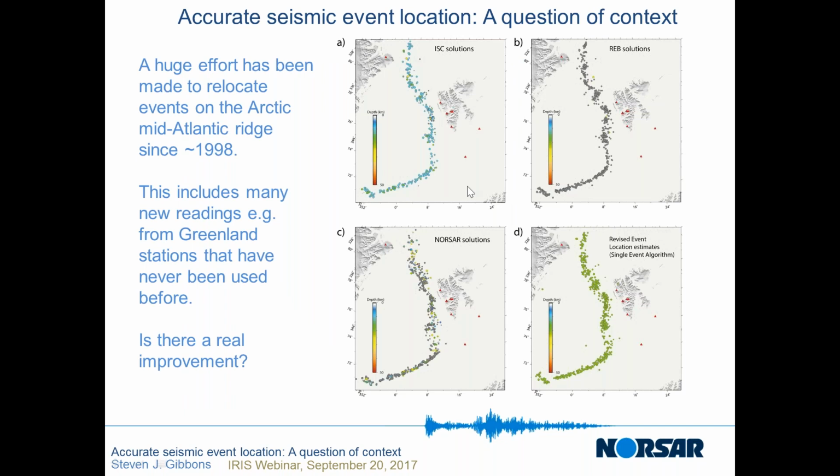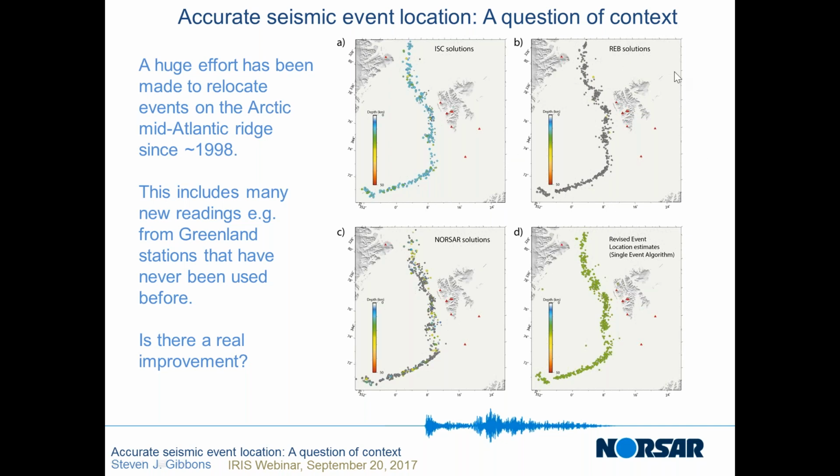Here we see 3 different existing catalogues. On the first plot here, we see the catalogue from the International Seismological Centre, which is a sort of mother of bulletins, if you like. They take readings from all the data centers and put them together and make a sort of super event bulletin.